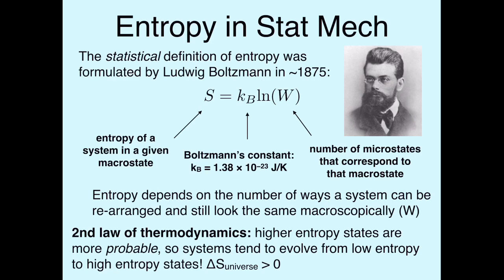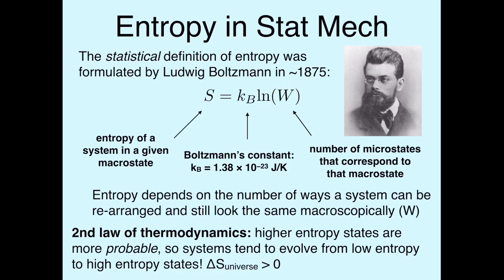So how do we interpret the second law of thermodynamics? Higher entropy states, where W is bigger, are always more probable. It's more likely that you'll be in a state where W is bigger.